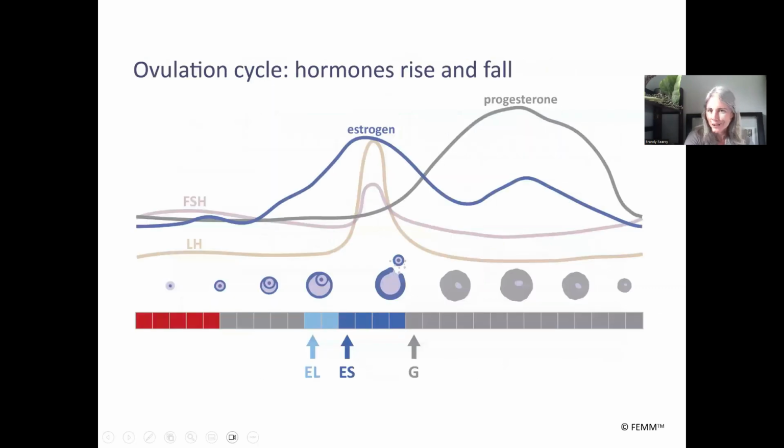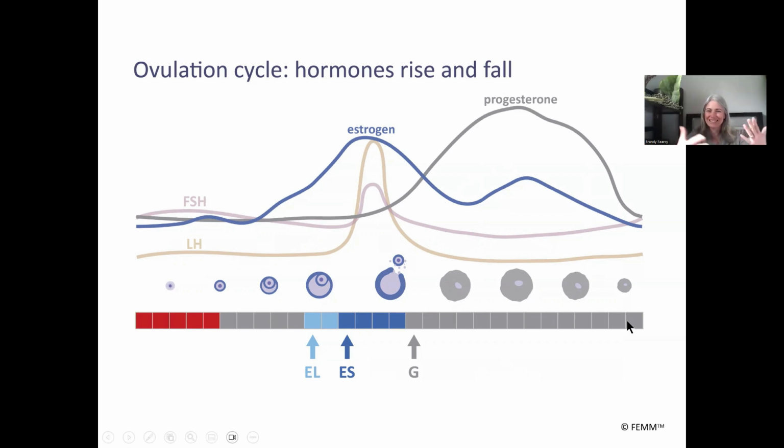So what does this look like when you're tracking it? This is where pen meets paper, right? Or if you're tracking with an app, this is where your finger hits your phone screen. So when you're tracking this, you are tracking red for days when you're bleeding. You are tracking gray for days of G-type mucus.